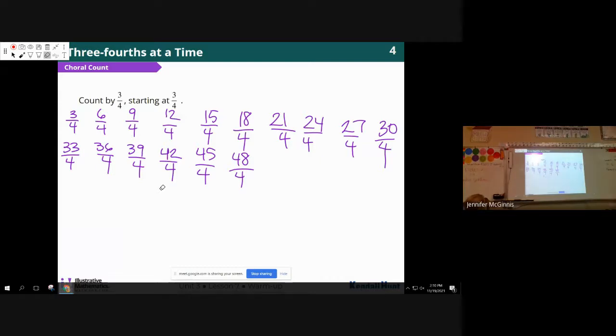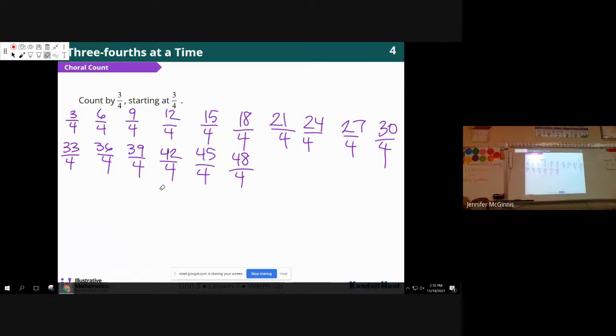There are so many other amazing things to notice. This is one of the coolest lists we have ever made. What else do you notice? What do you notice, Landon? You kept the 4. Why did I keep the 4, Landon? Because you always keep the denominator.